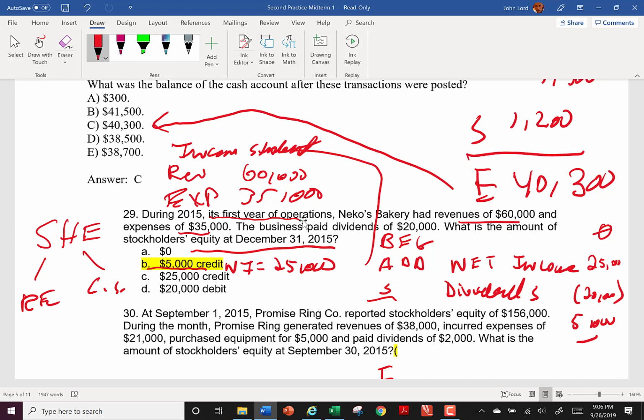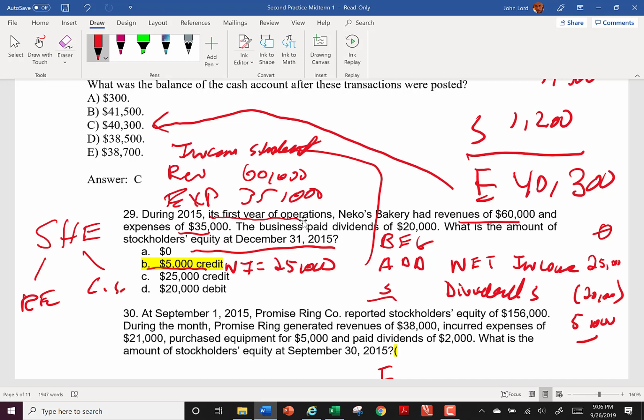Now I can go ahead and prepare my, which statement do I prepare first? Good. I'm going to prepare my income statement. When I prepare my income statement, what goes on the income statement? Good. Net income.